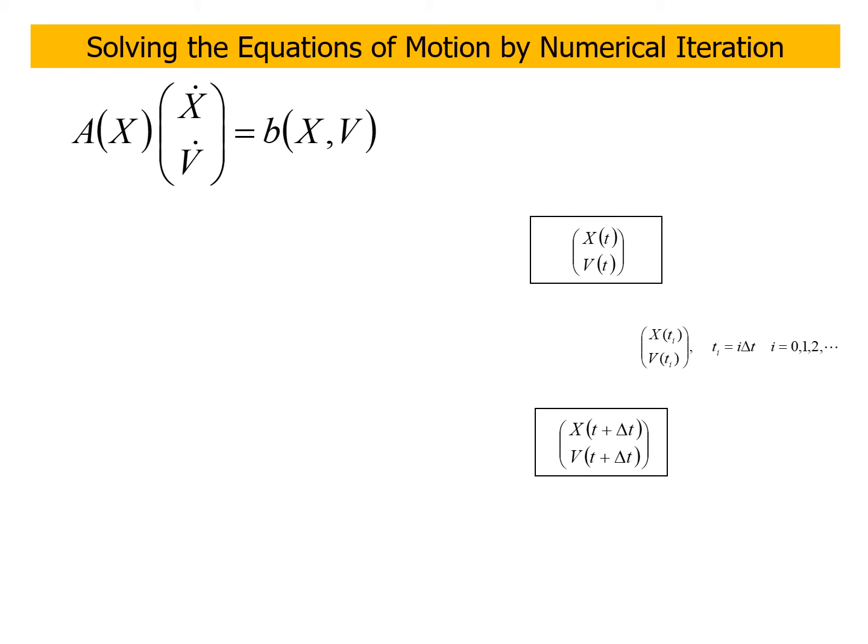I know the lengths, I know where the masses are, I know the masses themselves. B, if you give me x of 0 and v of 0, I know the initial condition. And then I can solve for x dot and v dot, the velocity and acceleration. So that's called the initial value problem.